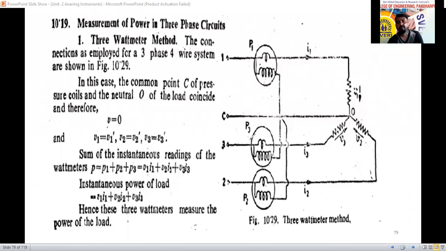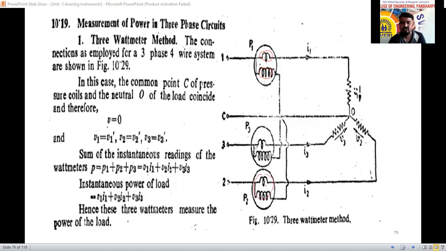Now P1, P2, P3 here. Just now we have discussed the EMMC. It has a current coil and a pressure coil, both connected in parallel here. Now this is one wattmeter. For the second phase, again one current coil and one moving coil or pressure coil we have connected, that is wattmeter 2.